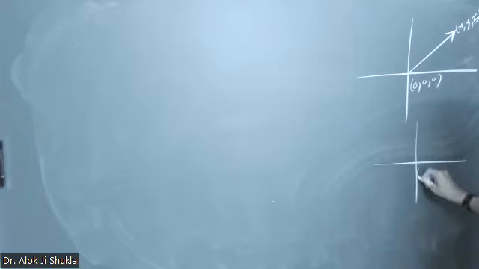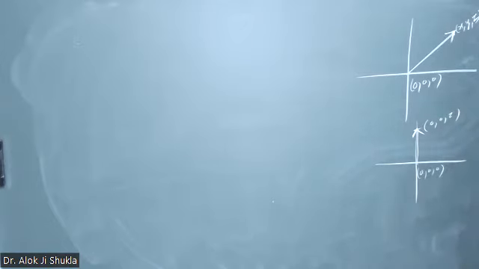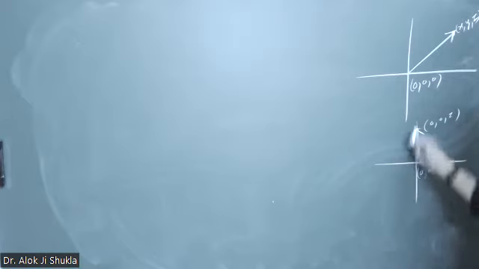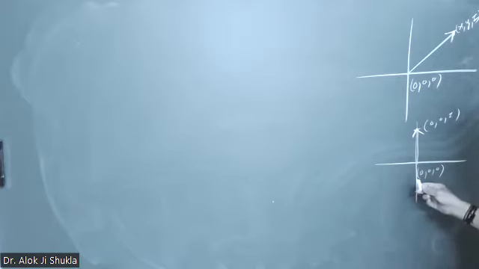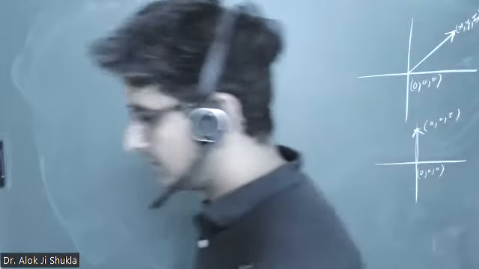So if you plot 0 comma 0 comma 0 and 0 comma 0 comma z, then this is the vector z cap. And z cap is only the unit vector, right? Yes sir. We can analyze.